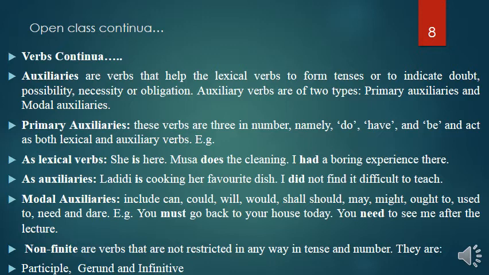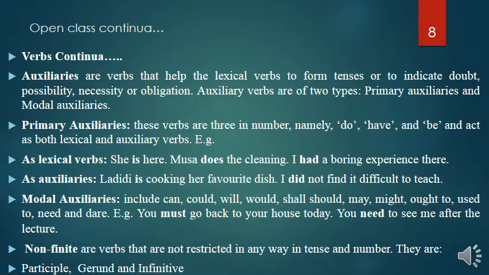As a lexical verb, for example, she is here. Is serves as the main verb in the sentence. So that is why it is called a lexical verb in this particular sentence. But when you look at the auxiliaries, Ladidi is cooking her favorite dish.